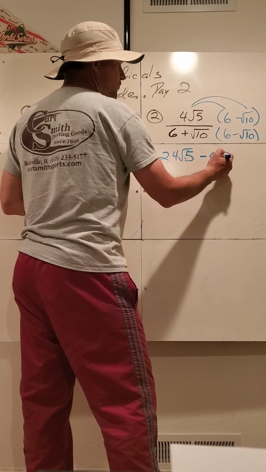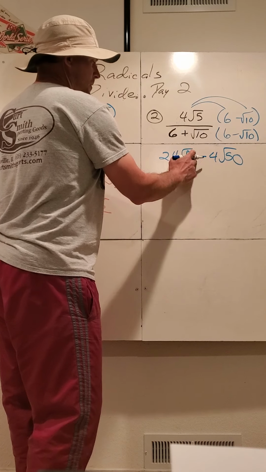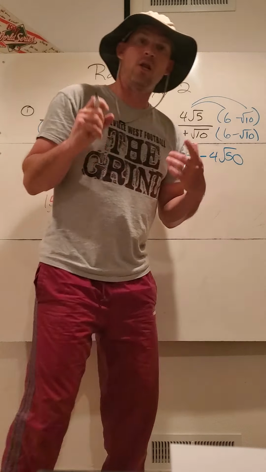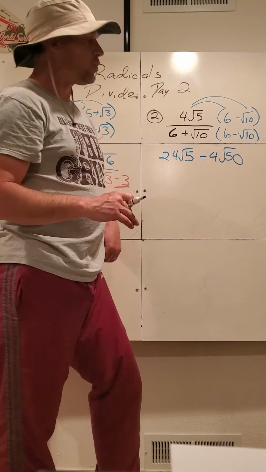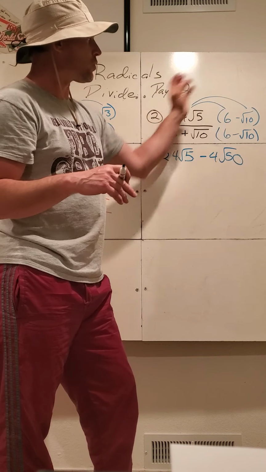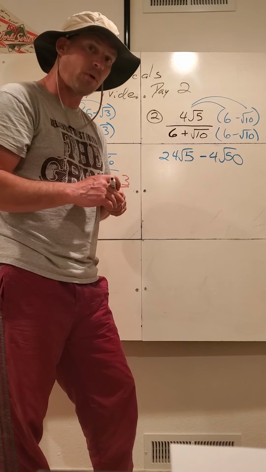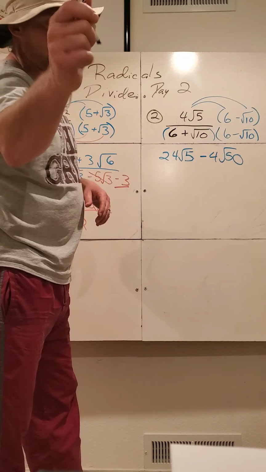Multiply gives me 4 root 50. 5 times 10. Again, whole numbers times whole numbers, radicals times radicals. When we're doing this distribution, these are two separate terms, so I have to distribute and multiply by both of them.